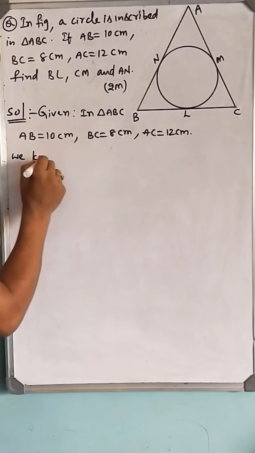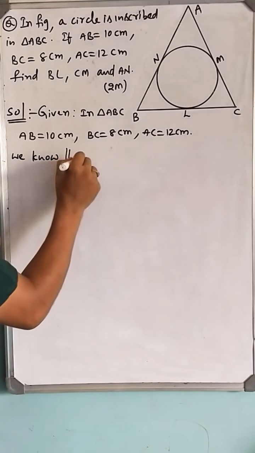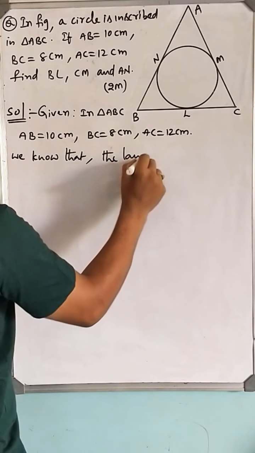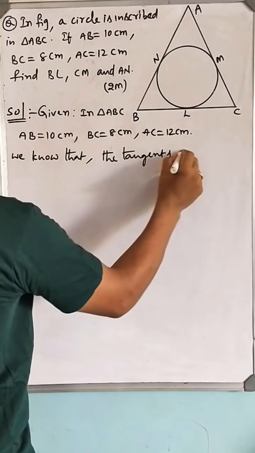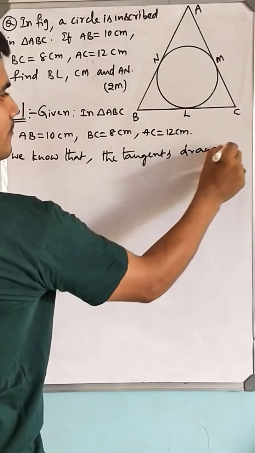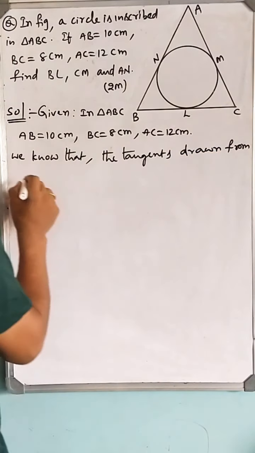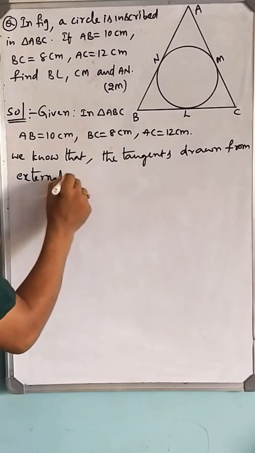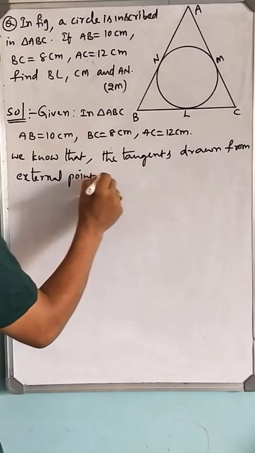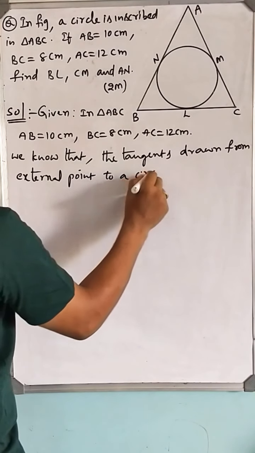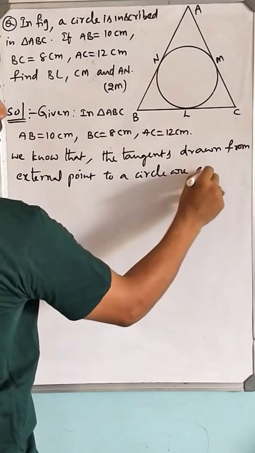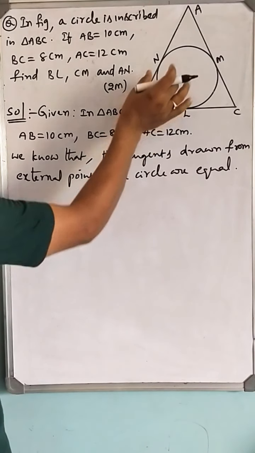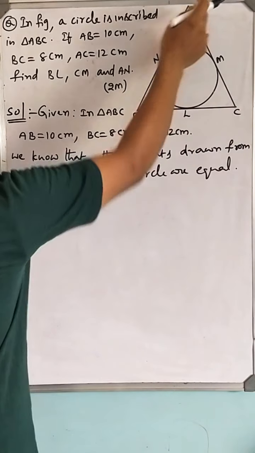We know that the tangents drawn from an external point to a circle are equal. So here there are 6 tangents drawn, that is from B, from C, from A.